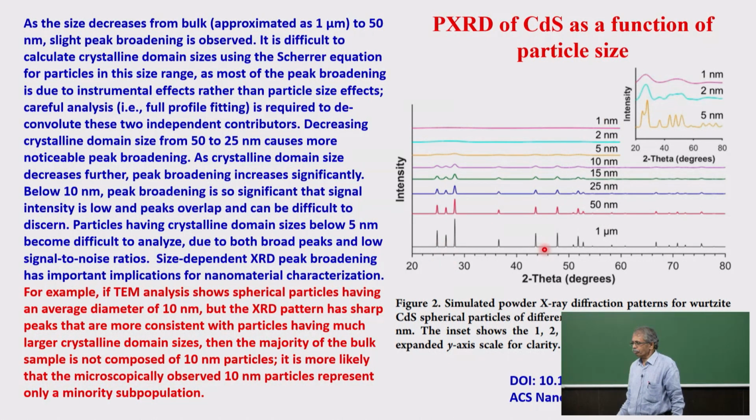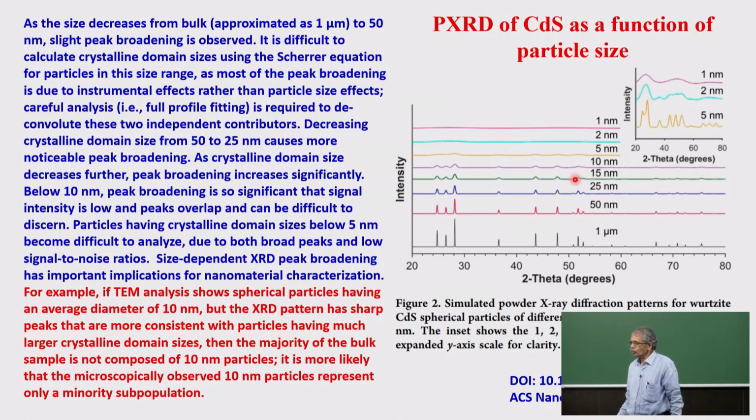So even if you see the micron is reasonably well resolved with sharp peaks. Now when you bring it down to 50, you can see there is a reasonable amount of broadening, and much more by the time you go from 50 to 25.